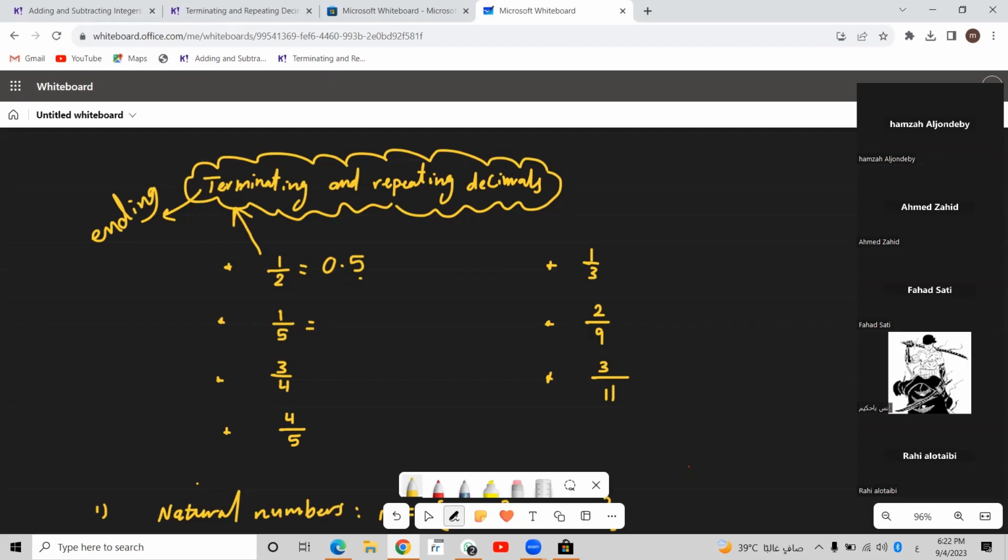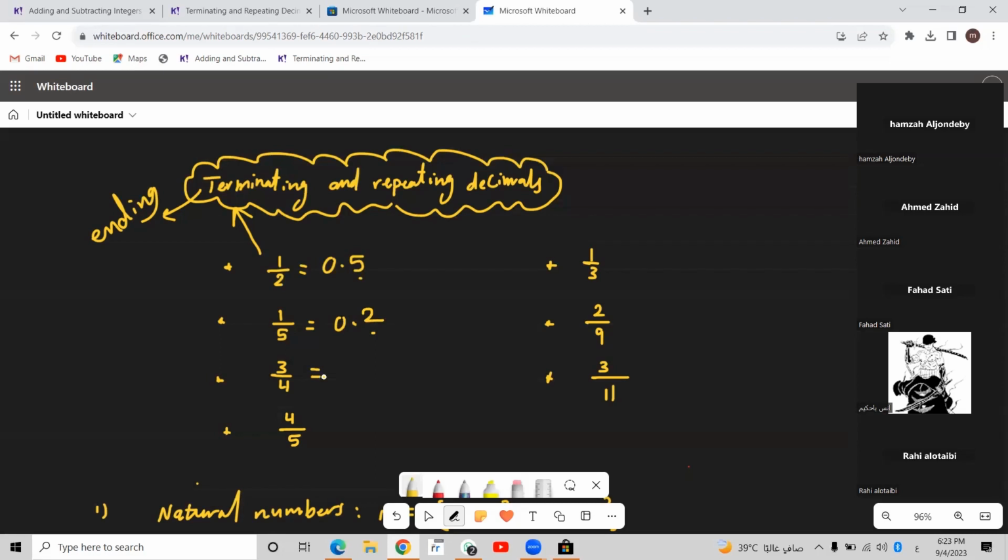Ahmed Zahid. Yes. 1 out of 5 equals what as a decimal, Ahmed? 0.20 or 0.2. So it has an end, Ahmed. It terminates. So this one also is a terminating decimal.